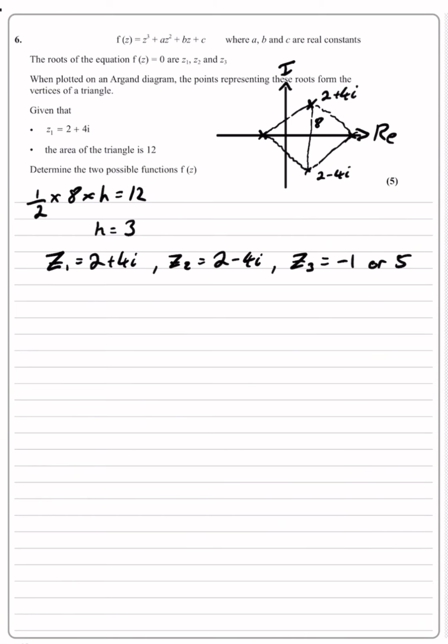That's 3 less than 2 or 3 more than 2. So writing our function f of z in a fully factorized form, we're going to get z minus z1 times z minus z2 times z minus z3.